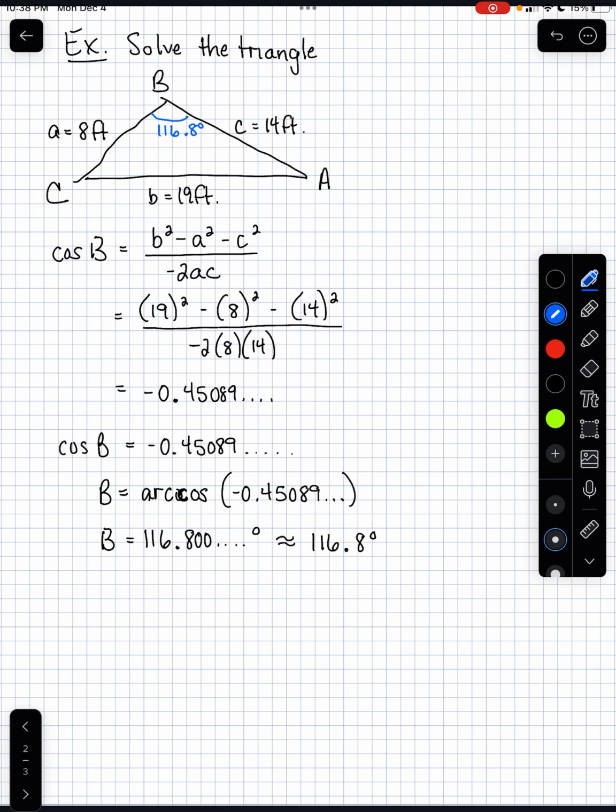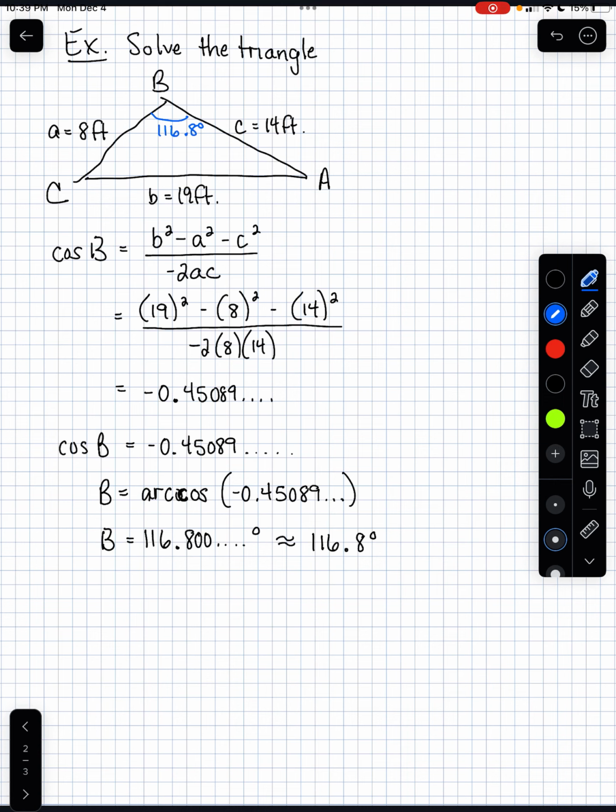But the idea is now we have one of the angles, angle B, and the length of the side opposite that angle. And that's what we need to make the law of sines work. And once we have a second angle, we can get the third by simply saying they must all be equal to 180 degrees in total. So we'll be able to get the third angle.